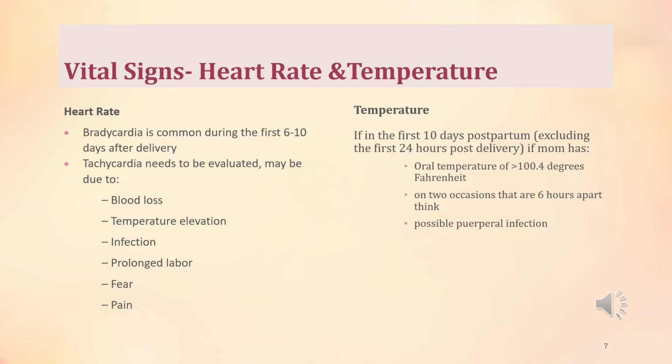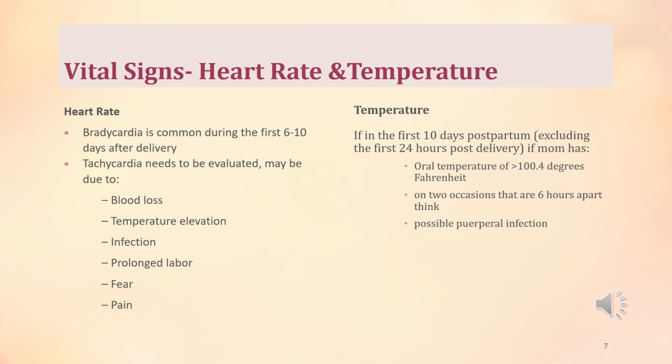Tachycardia, we are going to be concerned about, all right? So tachycardia could mean that I'm having some sort of blood loss, my temperature is increased, there's an infection, I'm having pain. So those are things that we want to look for there, okay? As far as temperature, the first 10 days postpartum, we're going to watch for a temp greater than 100.4.